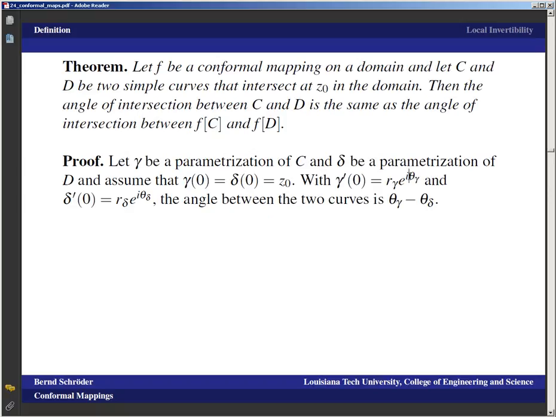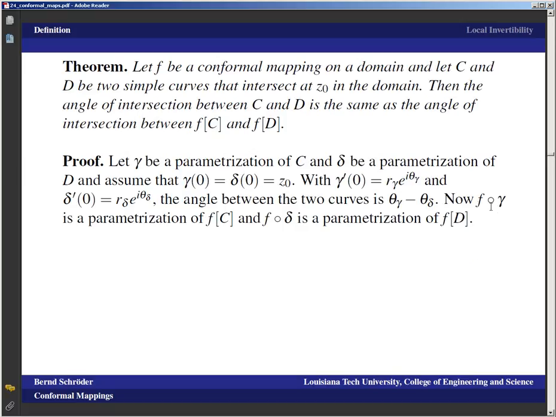That's because theta gamma is the angle of the curve gamma against a horizontal line through z0. Theta delta is the angle of the curve parametrized by delta against a horizontal line through z0, and that means the angle between the two curves is just the difference between the two angles that are measured against the horizontal.